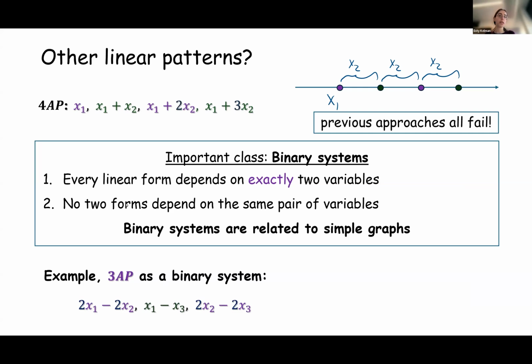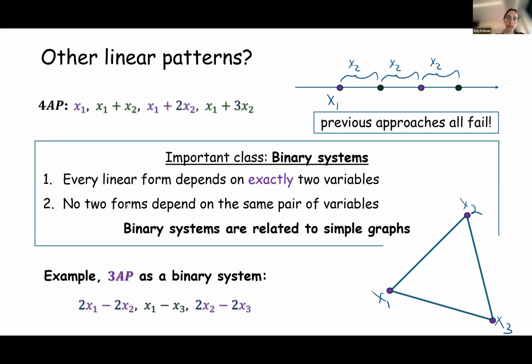So the following binary system is 3AP. You can see that if you take the first one and the last one, add them, and divide by 2, you get the average of them, which is the middle one. And the associated graph is a triangle with vertices x1, x2, and x3, the variables, and each linear form is associated with one of the edges.